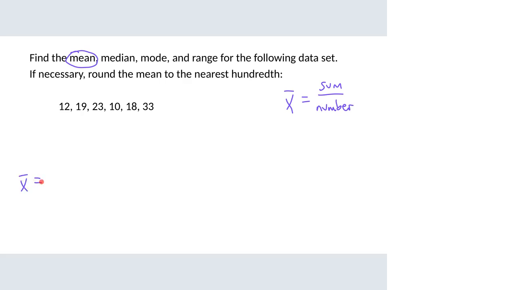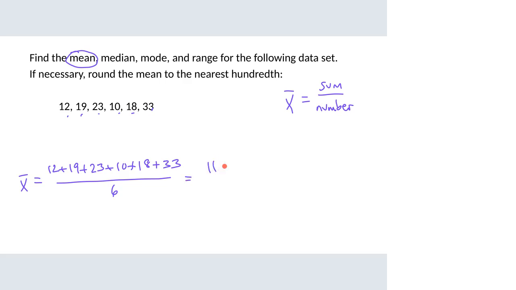So that'll be 12 plus 19 plus 23 plus 10 plus 18 plus 33, all divided by 6, since there are 1, 2, 3, 4, 5, 6 data points. So let's see, 12 plus 19 plus 23 plus 10 plus 18 plus 33.